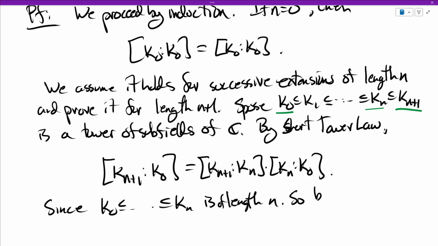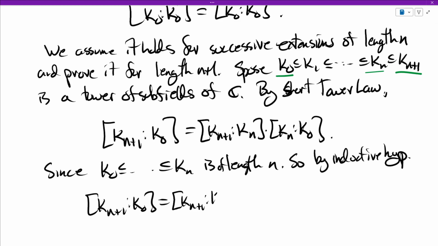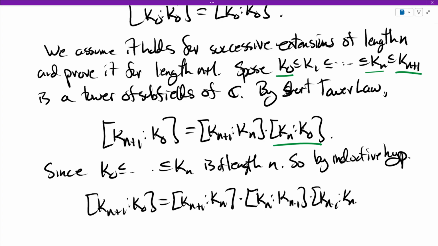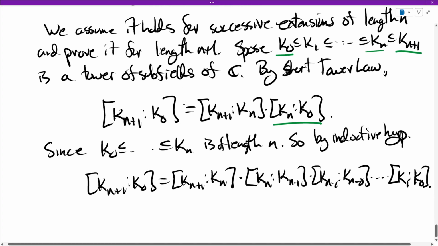So by the inductive hypothesis, we can say that this degree is equal to the degree of kn plus 1 over kn still, but then this second one here, we can rewrite as the degree of kn over kn minus 1 times the degree of kn minus 1 over kn minus 2, all the way down to the degree of k1 over k0, because that's a situation where we can apply the inductive hypothesis.